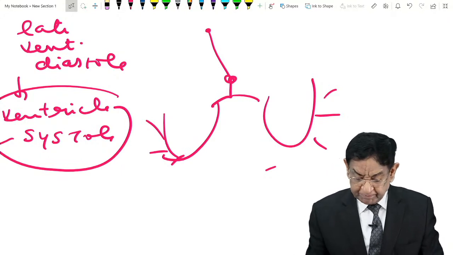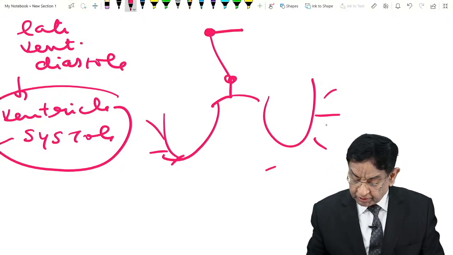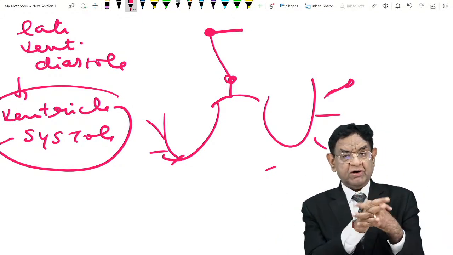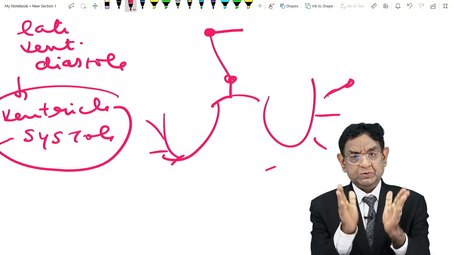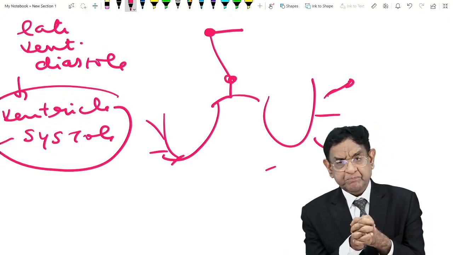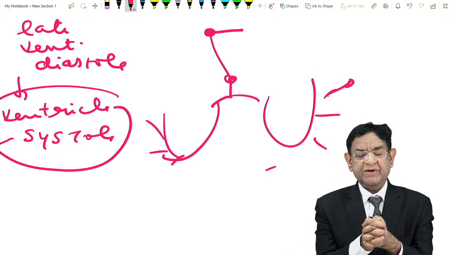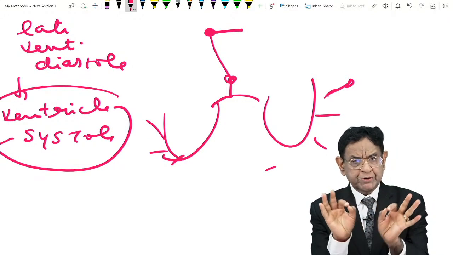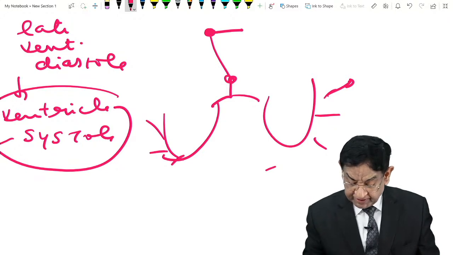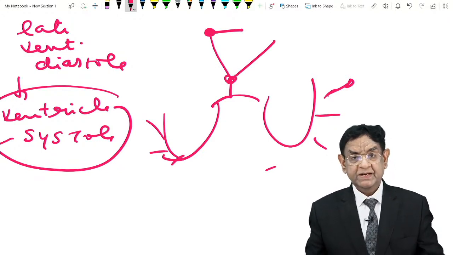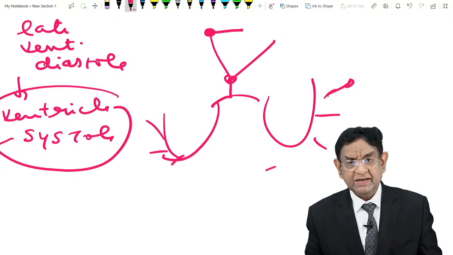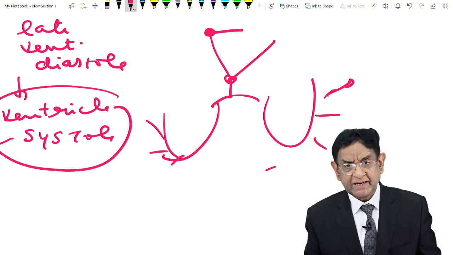PR interval is the impulse time from the SA node till it reaches the ventricles where they start contracting. So PR interval primarily is before the ventricle systole. And one of the main contributors to the PR interval is the AV node. Why? Write down the answer in your copy.